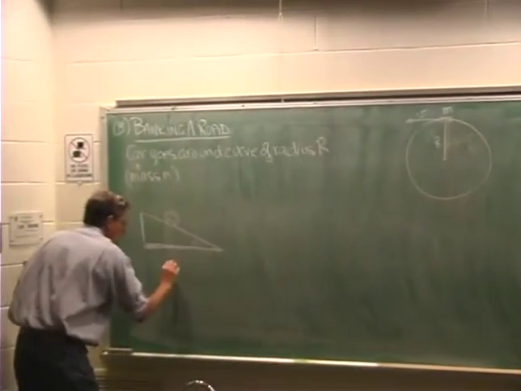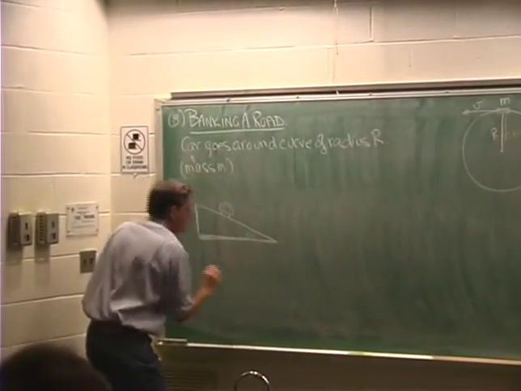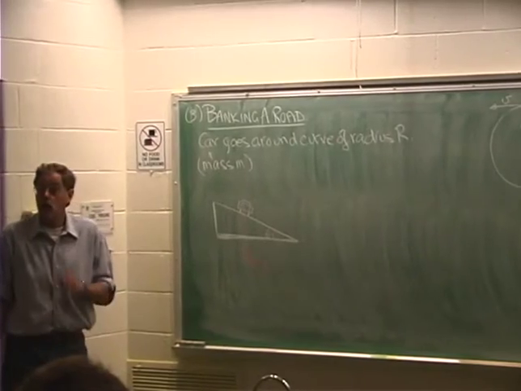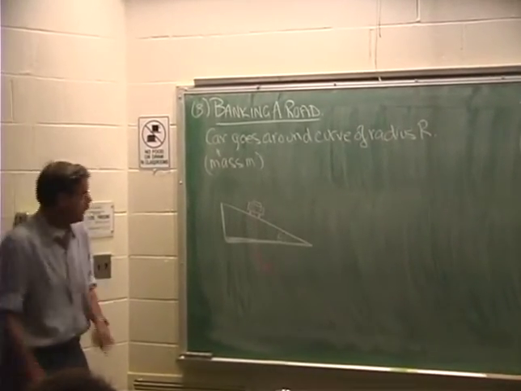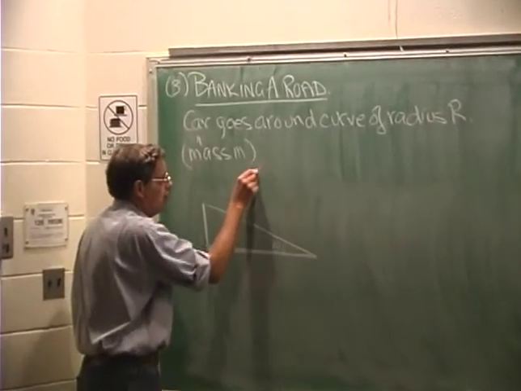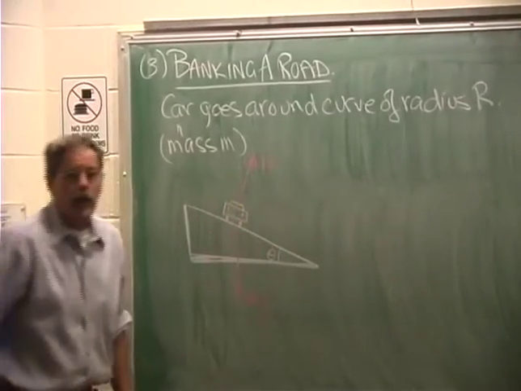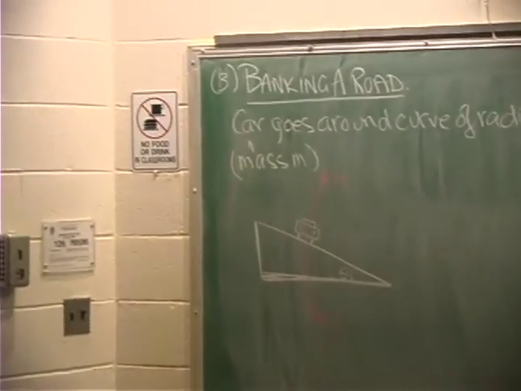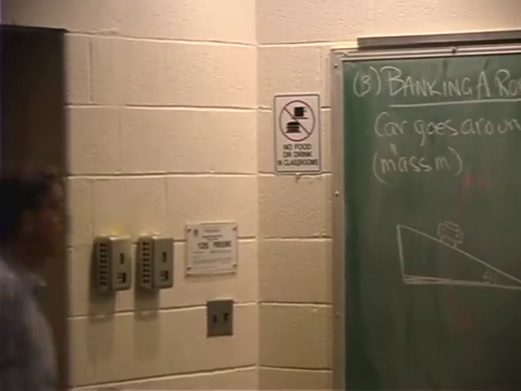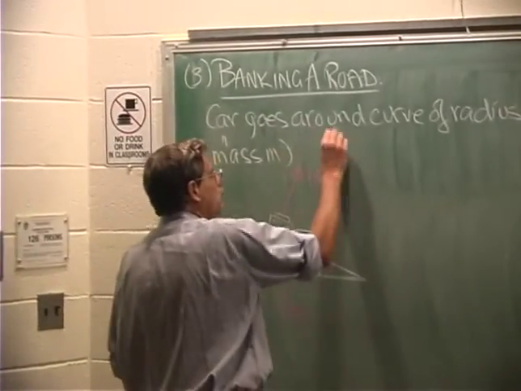Gravity acting down, so mg. Normal force acting perpendicular to the surface. Anything else? Well, maybe friction, but we're going to pretend for the moment that there is no friction.